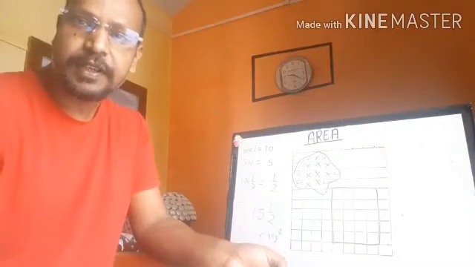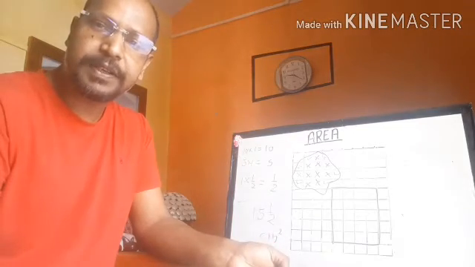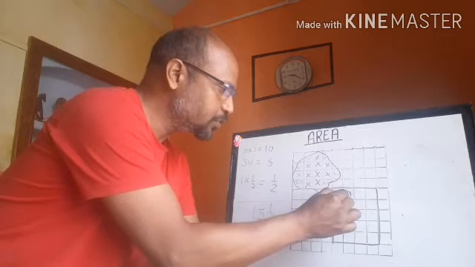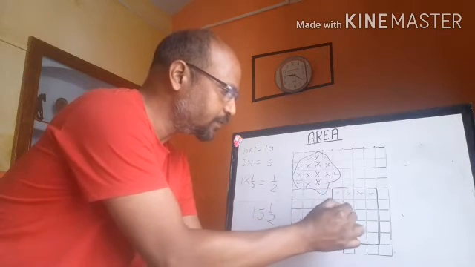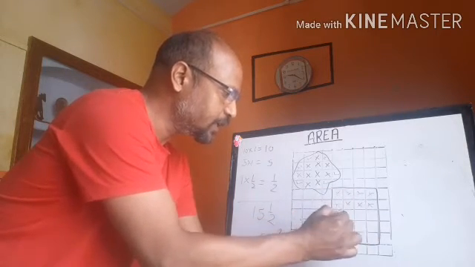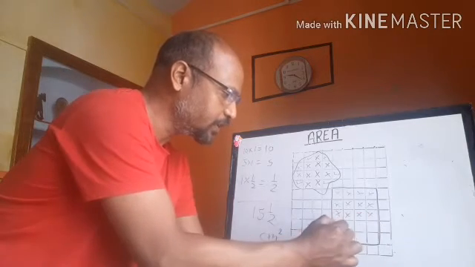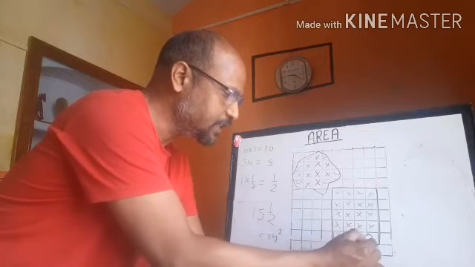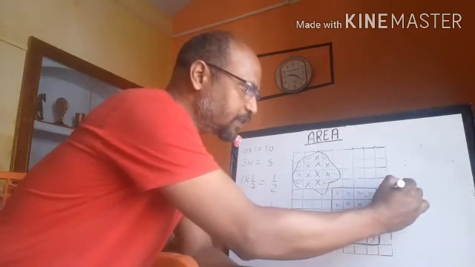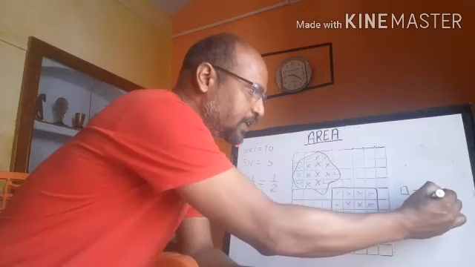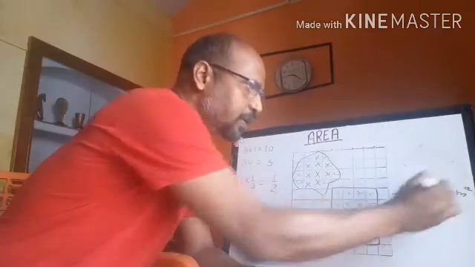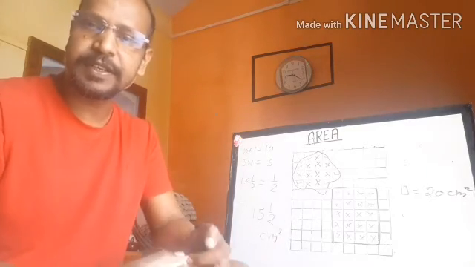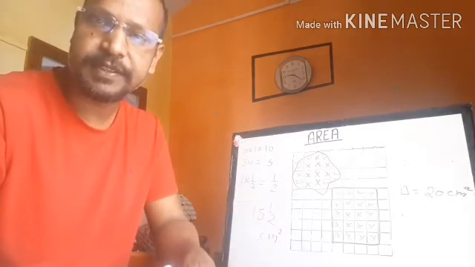Just count the number of squares enclosed in it. So here 1, 2, 3, 4, 5, 6, 7, 8, 9, 10, 11, 12, 13, 14, 15, 16, 17, 18, 19, 20. So the area of this rectangle is 20 centimeter square.